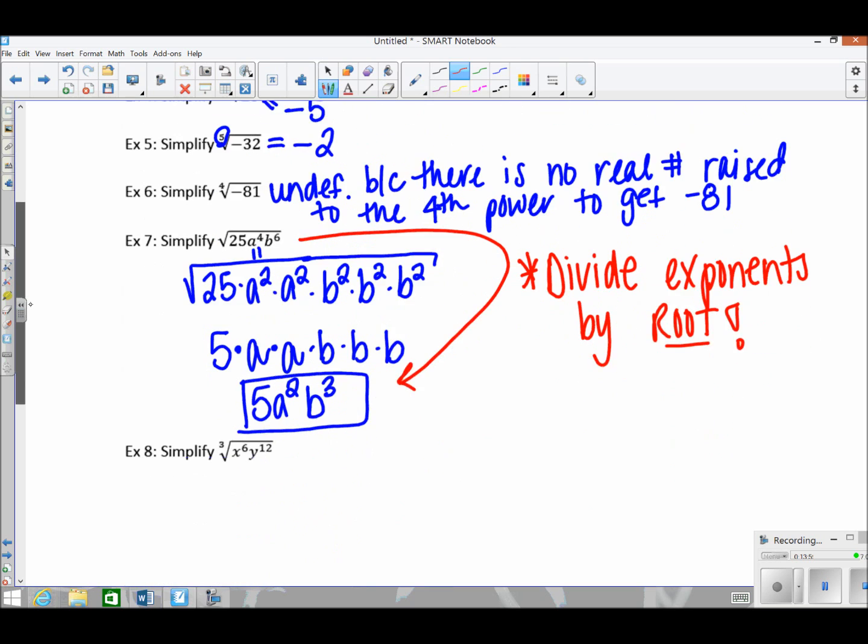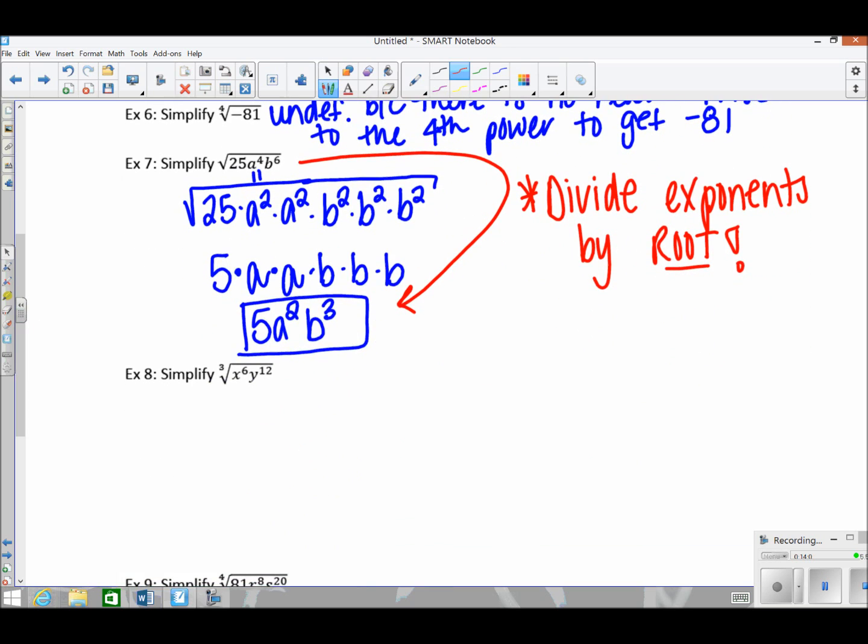So let's look at another example. So here I'm taking the cube root. So all I need to do is divide each of the exponents by 3. So x to the 6th is going to become x to the 2nd. And y to the 12th, when you divide that by 3, is going to become y to the 4th.